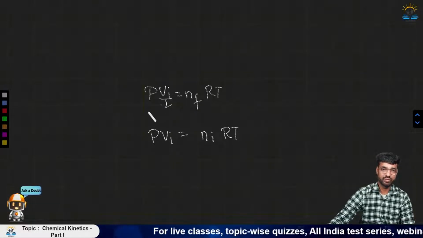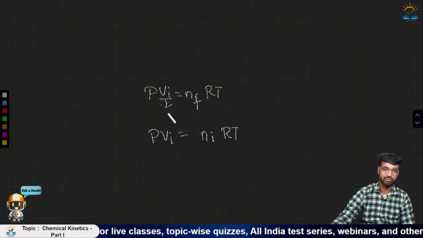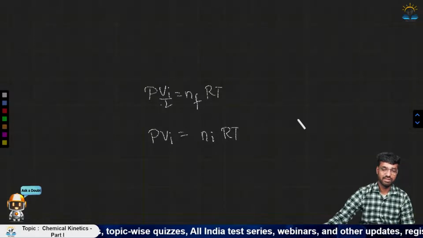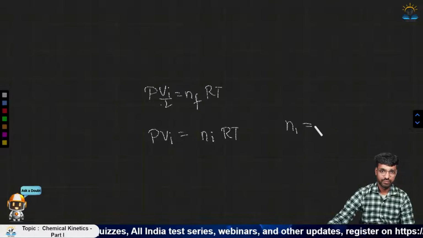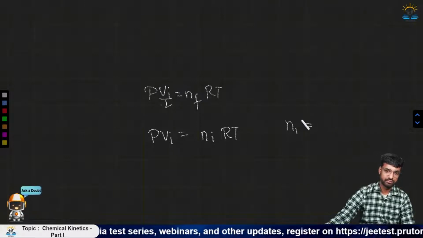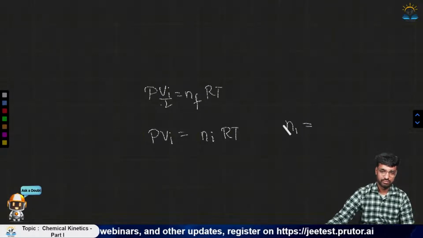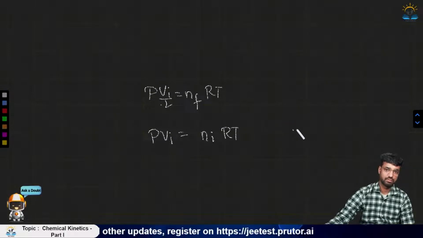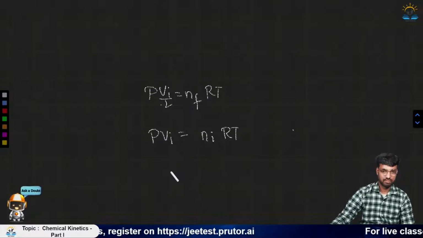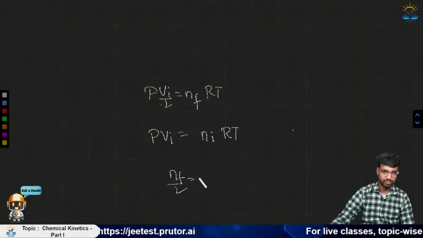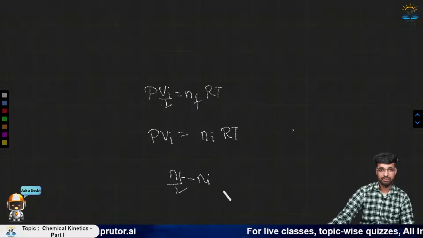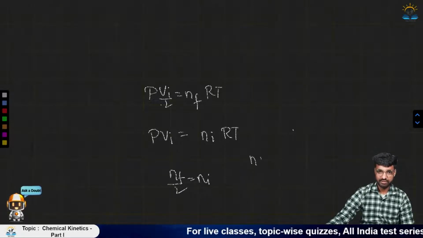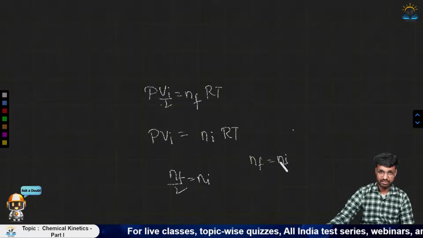If we equate both these equations by taking PV initial and RT as common, that gives n final by 2 is equal to n initial. That is, n final is n initial into 2.